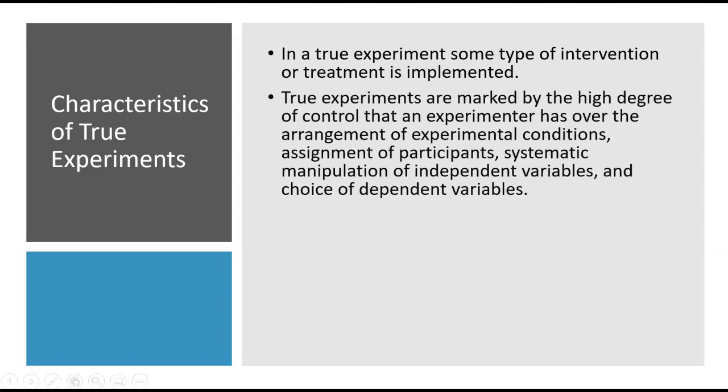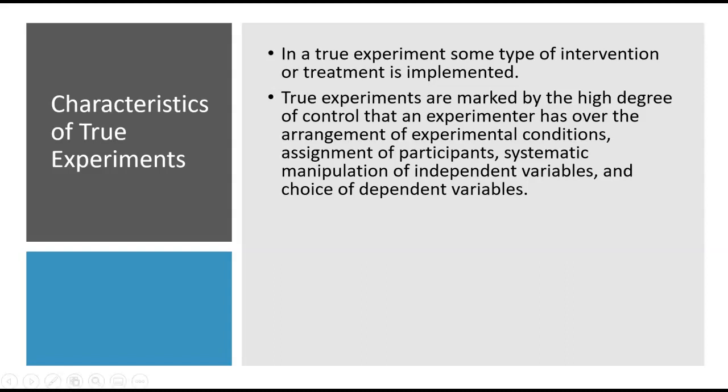Now, true experiments, it's more than just the manipulation of the independent variable. It's also the high degree of control that you as the experimenter have over the experimental conditions: the random assignment of participants, the systematic manipulation of variables, the very careful and systematic measurement of dependent variables.